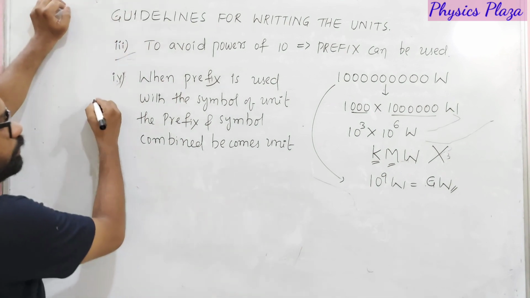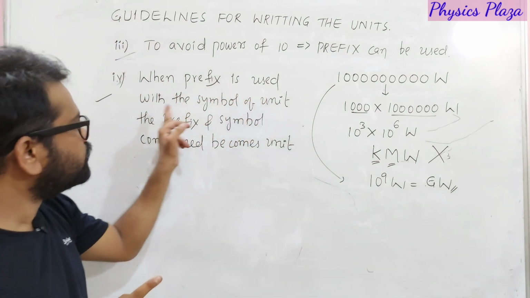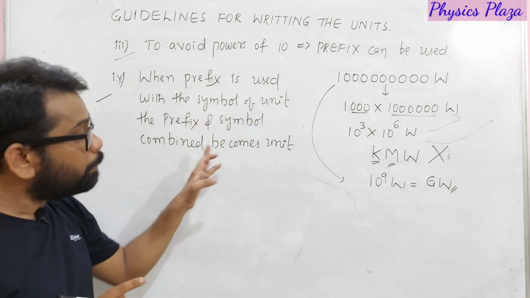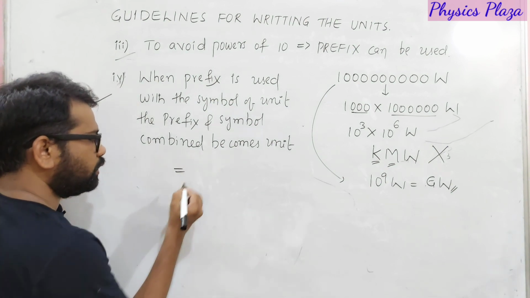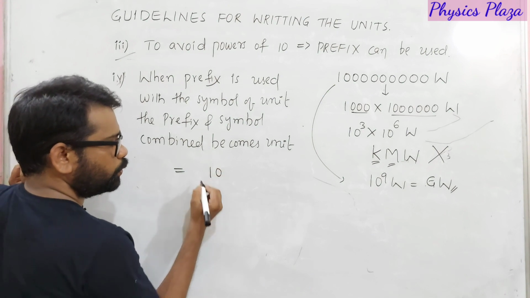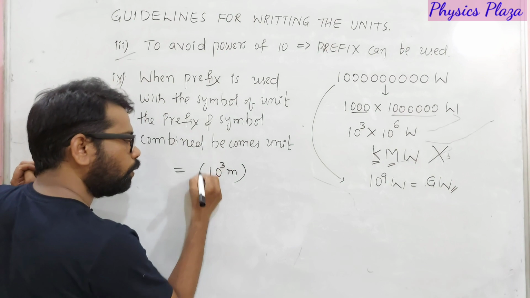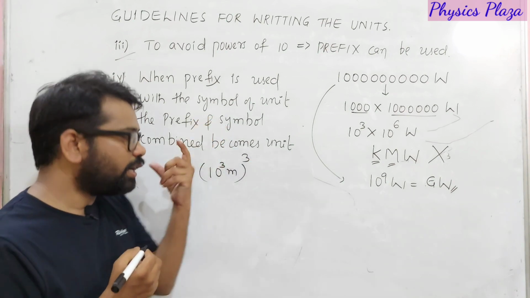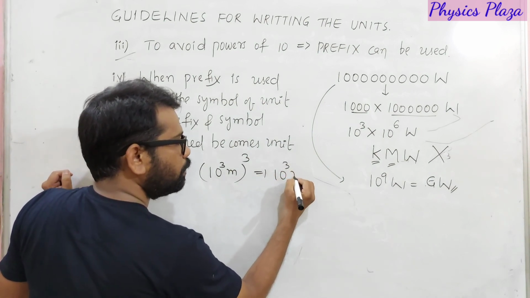Fine. And the fourth one, children, is that when a prefix is used with the symbol of a unit, the prefix and the symbol combined become a unit. It's very important. Suppose some length or value is given as 10 power 3 meters whole cube. Some children will write 10 power 3 meter cube.